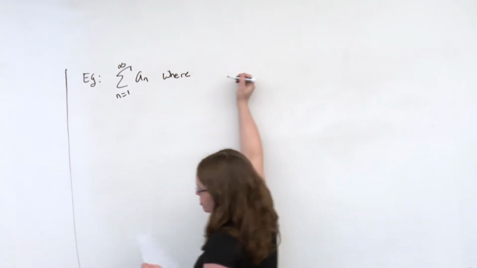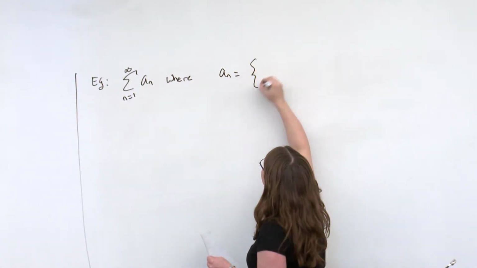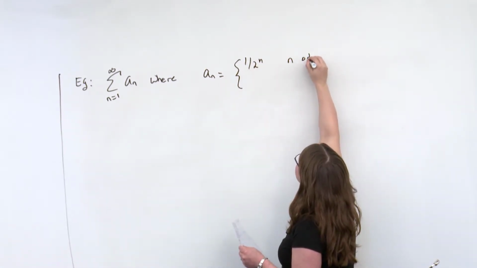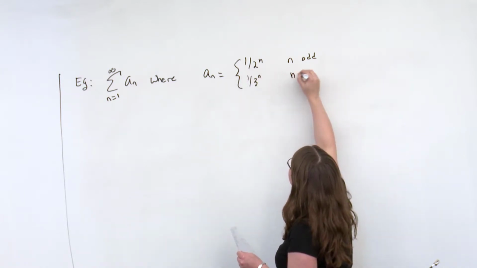where our a_n can have different forms. 1 over 2 to the n if n is odd, and 1 over 3 to the n if n is even.